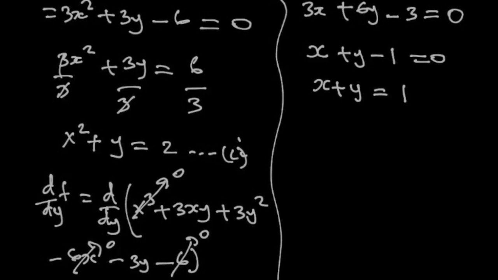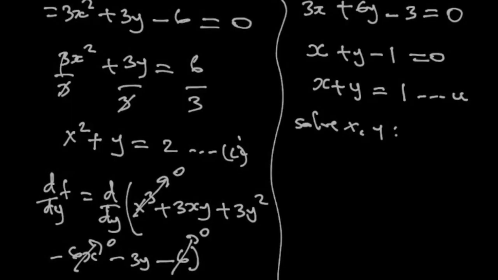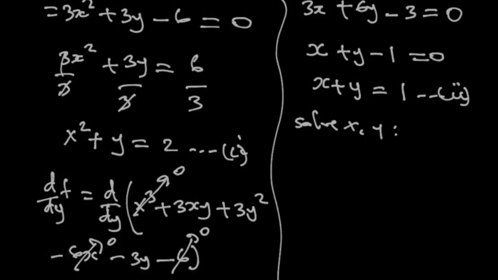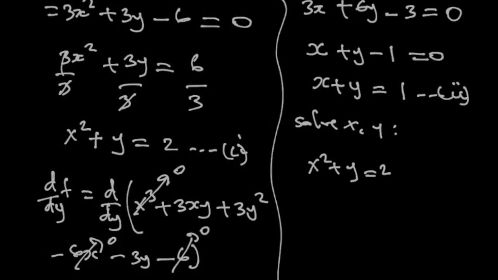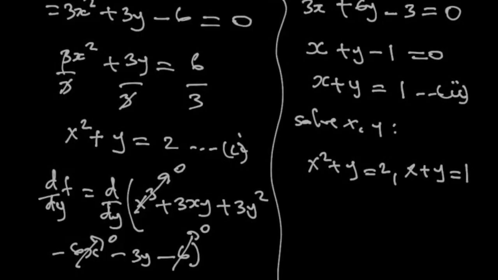Now we have to solve for x and y. So we have two equations here. We have x squared plus y is equal to 2, and then x plus 2y is equal to 1.